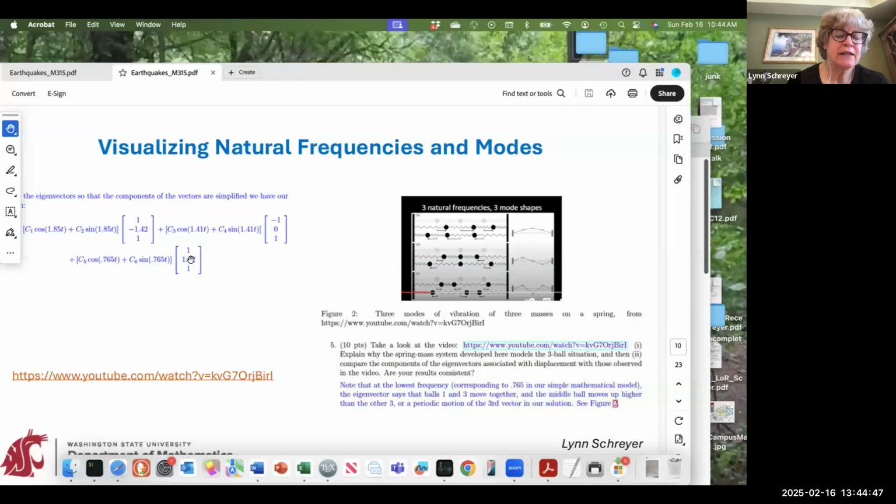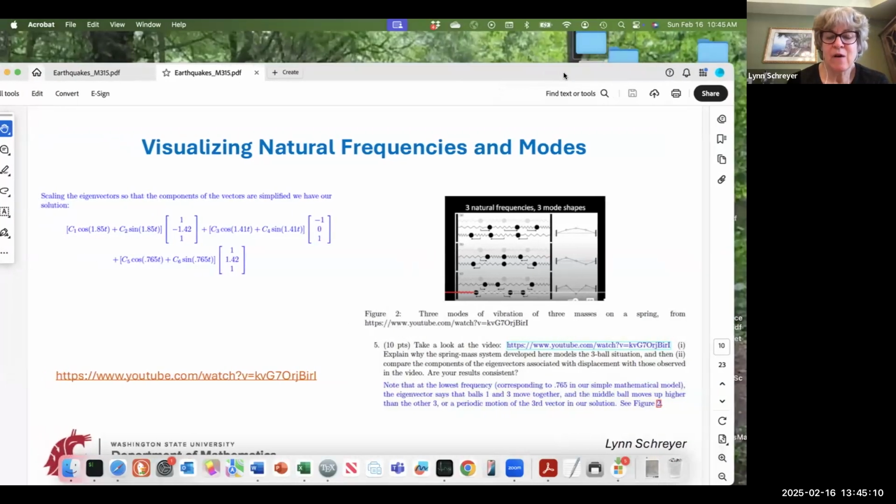And for the next highest frequency, the middle node stays still, just like in the picture here, and the outer modes move back and forth. And likewise, for the highest frequency, we have that the middle mode moves in the opposite direction as the first and outer mode. Okay, so they love that when they see this.